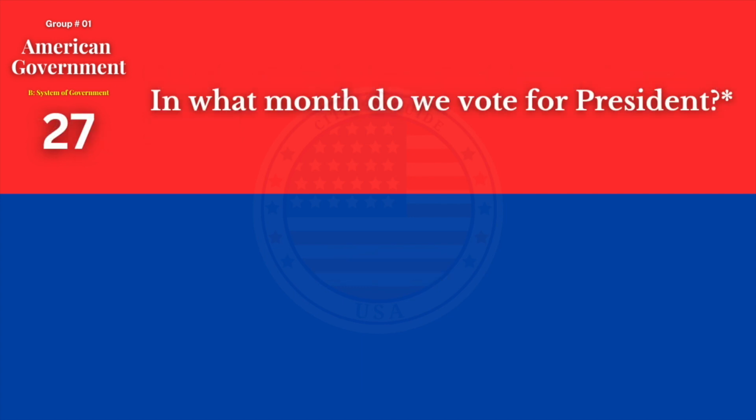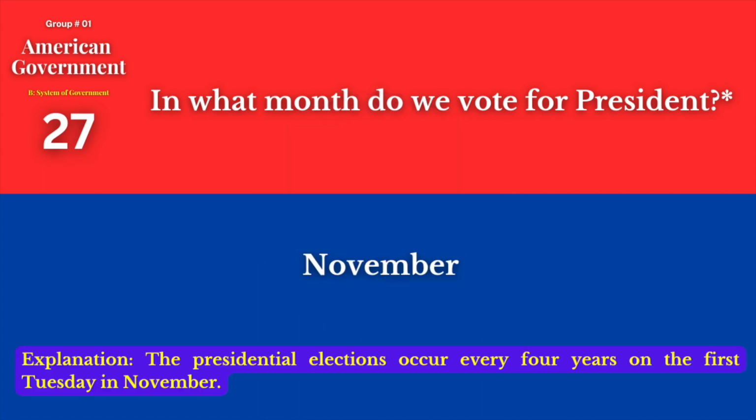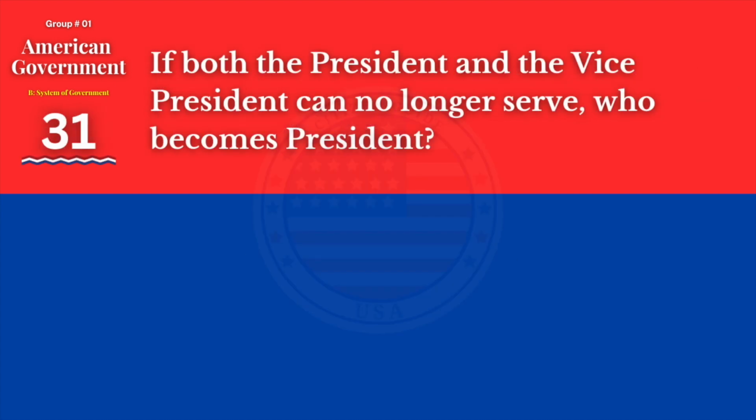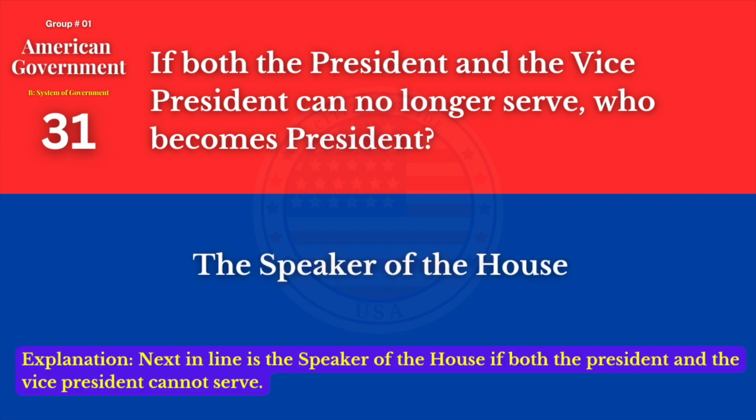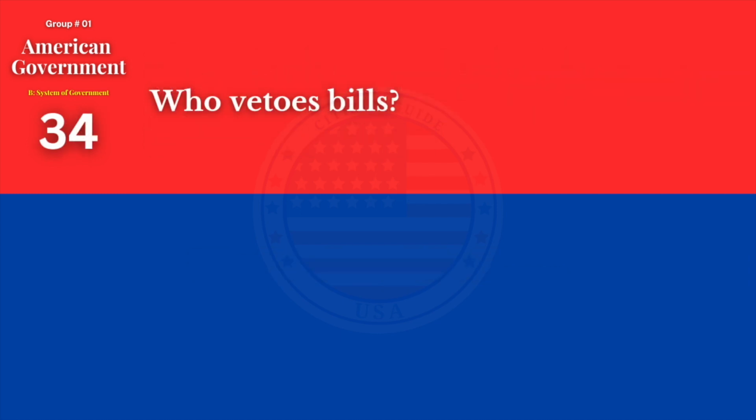In what month do we vote for president? November. If both the president and the vice president can no longer serve, who becomes president? The Speaker of the House. Who vetoes bills?